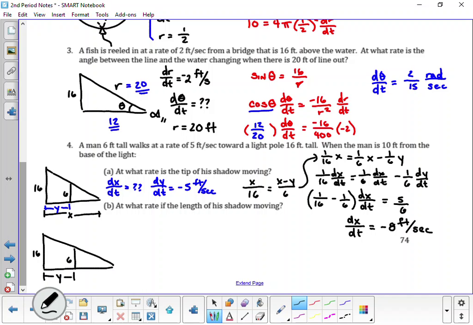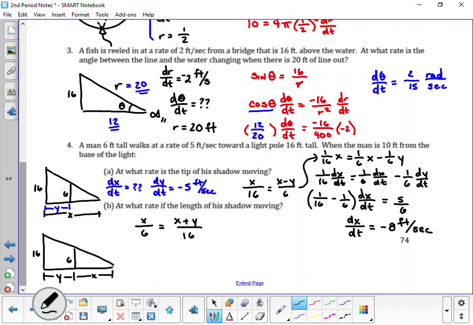This is still y, but this is what we want to solve for, the length of his shadow moving, so we want that dx/dt. So our equation would be set up a little differently: x over 6 equals x plus y over 16.